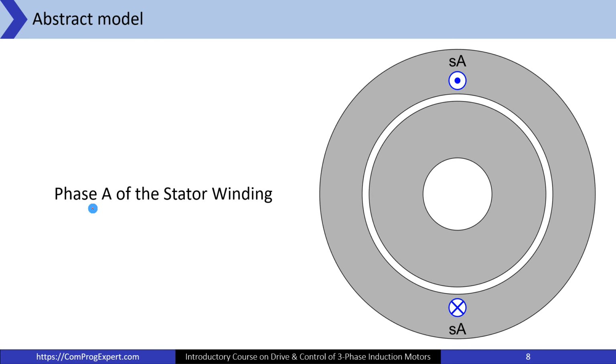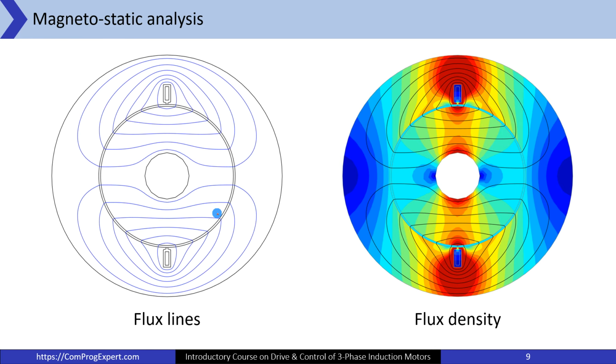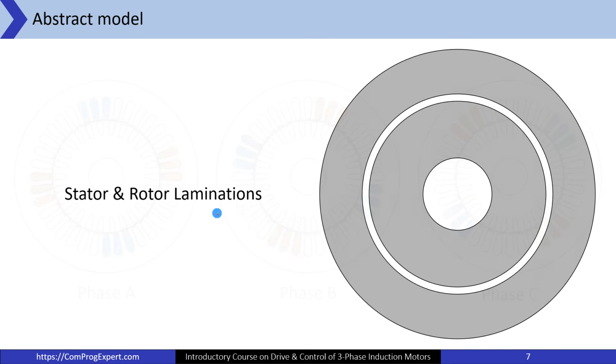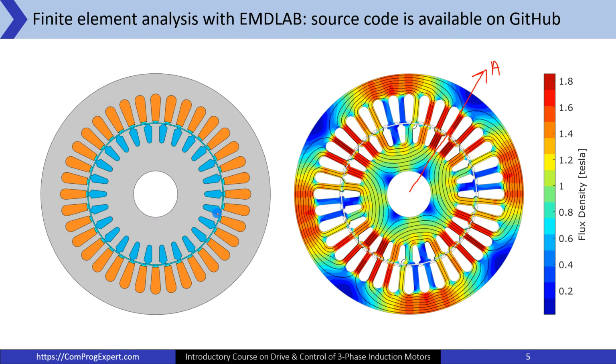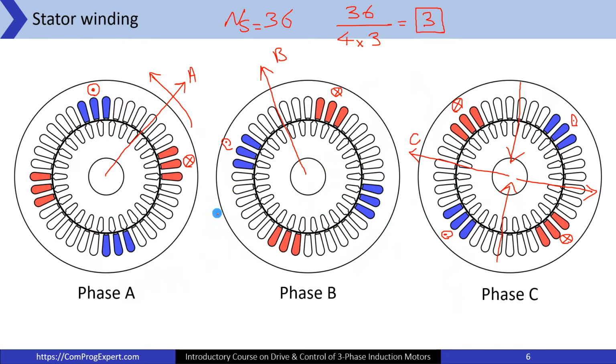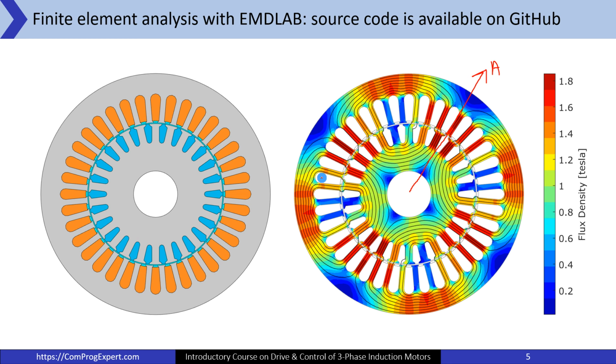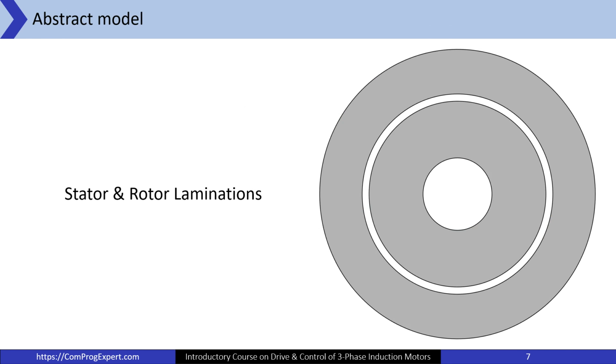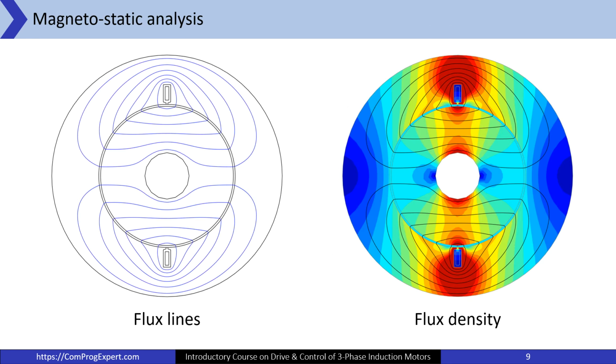So this is the phase A of the stator winding, and if we excite the phase A, we will have this kind of field solution. Here in this case I only considered one coil. In this field solution we have the full model, and when we excite these coil arms for the phase A, we have this field solution. But what if we only have one slot and excite it?